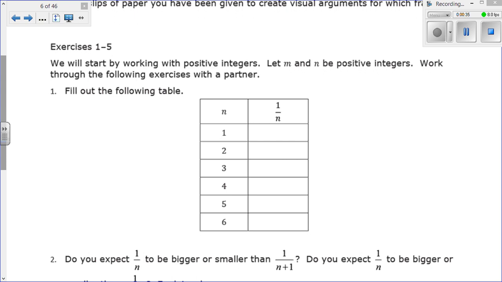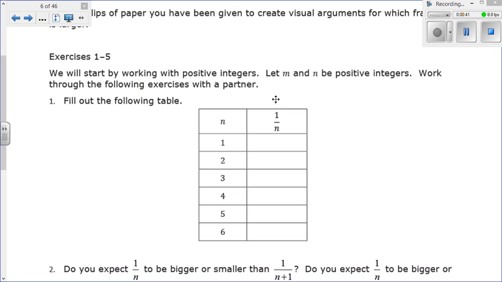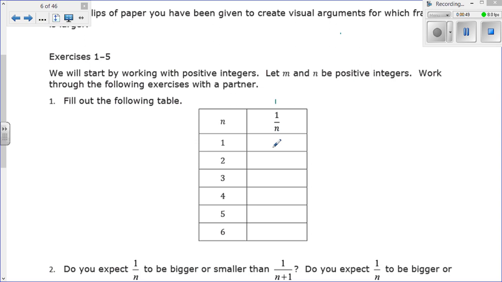So I'm just going to substitute in n into this fraction, 1 over n. When I put in 1 for n, I end up with 1 over 1, which is just 1. When I put 2 in for n, I end up with 1 half.